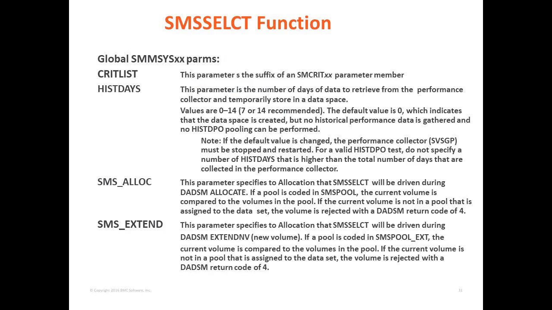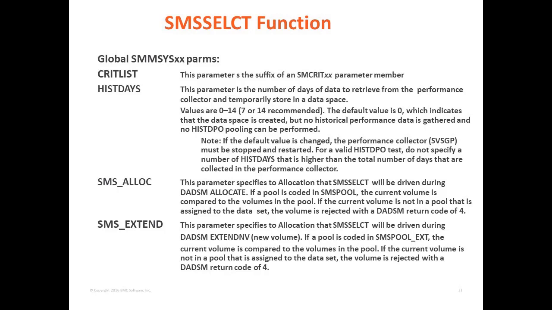There are a few global params that are used for SMSSELCT. These params are related to the actions that SMSSELCT can perform and are not required for the SMSSELCT function to be used. CritList is used to identify the member that will be used for critical dataset placement by SMSSELCT. HistDays is the param to determine the number of days to use for using performance data when placing datasets based on performance statistics.